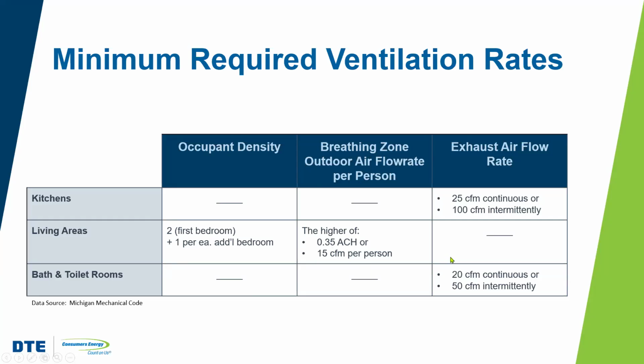So if we looked here at the air change rate, this 0.35 air changes per hour, if we multiplied that by the cubic feet of the room, 2,080, and divided that by the 60 minutes per hour, we would end up with 12 CFM per person, which would be less than the 15. So here we would use 15 CFM per person as that outdoor air flow rate. We want to make sure that we got that in the breathing zone for those living areas.